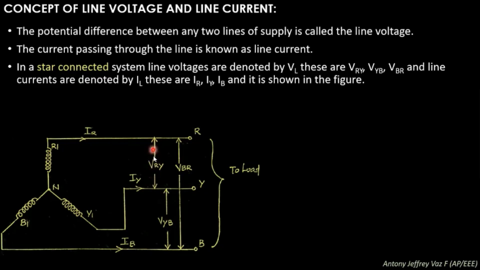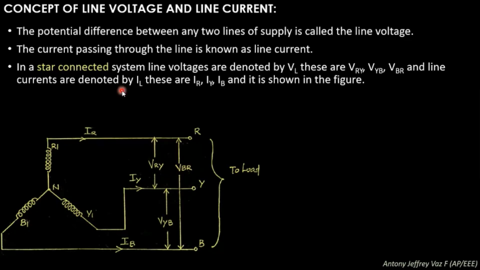Similarly, the potential difference between Y and B is known as VYB. And similarly, the potential difference between R and B is known as VBR or VRB. No change is present. If you put VBR, it will be equivalent to VRB. It is not a problem.